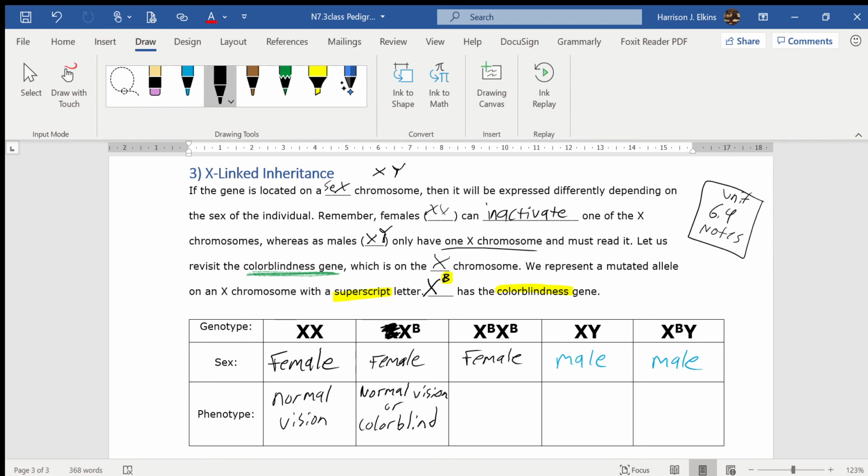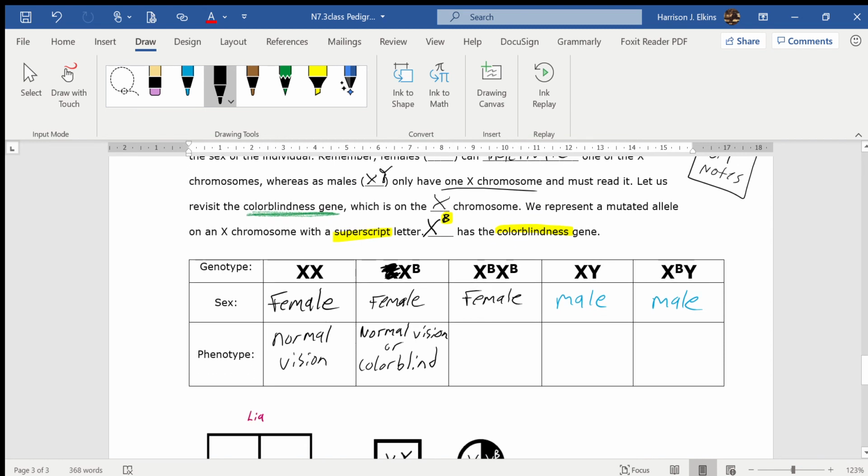But we are going to visualize that through the circle or the square. If she has normal vision, she's going to look like that. And if she is colorblind, then she's going to look like that. So if she's normal, she's going to carry that one. And colorblind, she's going to do that one. For this female, she's just going to look like that because she doesn't even have a copy. So here, this would be a carrier or a person who's affected. So it could be either one.